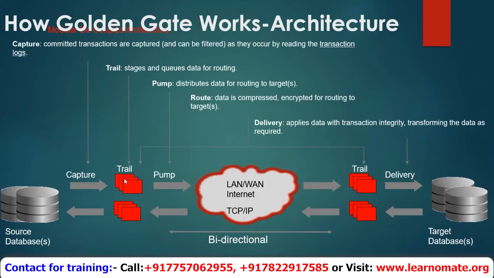Now, what is the work of pump process? Pump process sends the data over TCP/IP network upon reading local trail and writes that data to the remote trail. So it is just sending the data over TCP/IP network.